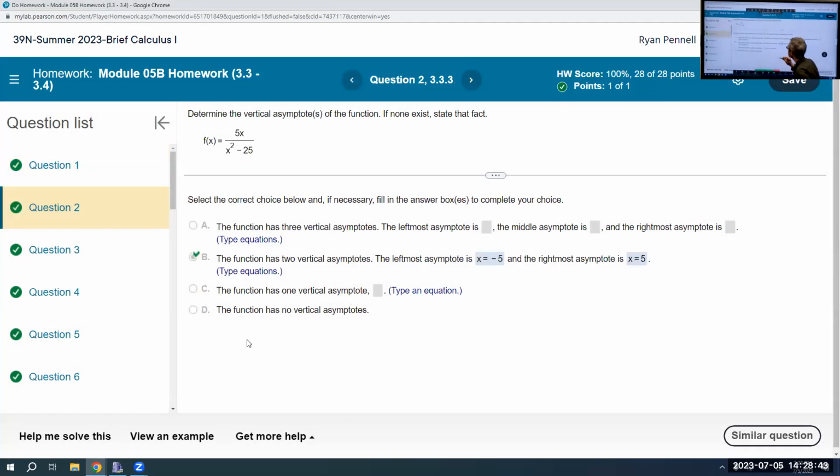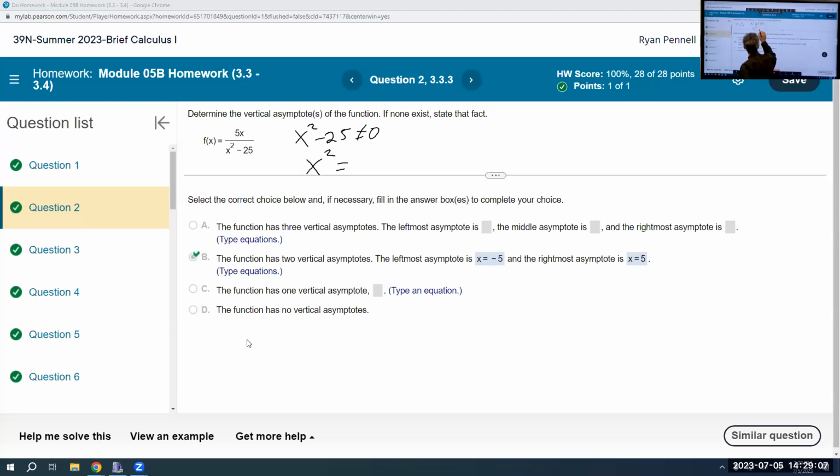Skipping along, it's the same idea, but now it's quadratic. So the function f of x, 5x over x squared minus 25. When I say quadratic, I mean denominator is quadratic. Where's the vertical asymptote happening? Well, x squared minus 25 cannot equal 0. I can solve where that occurs.